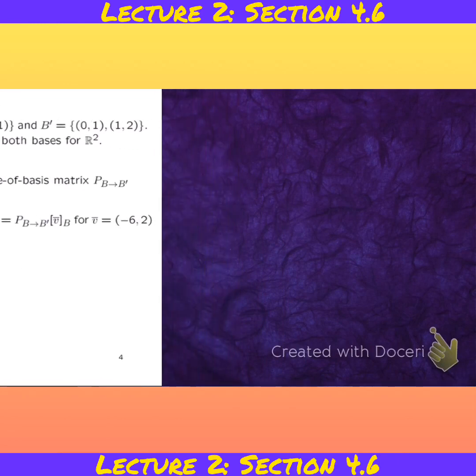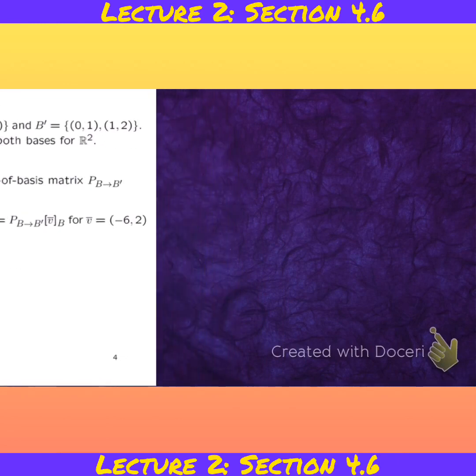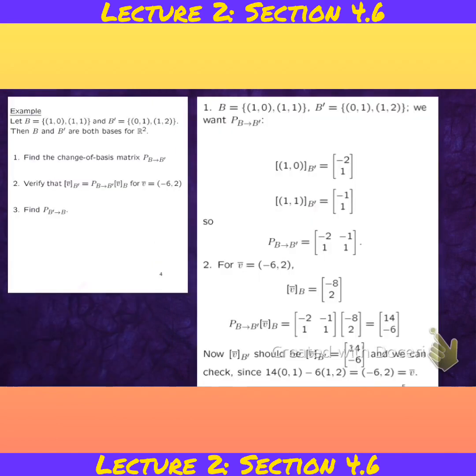So let's look at the solution. Right, so remember now we want to find that matrix. So what's the old basis? The old basis is B and the new basis is B prime. So we need to take the vectors in B and write them as linear combinations of the vectors in B prime.